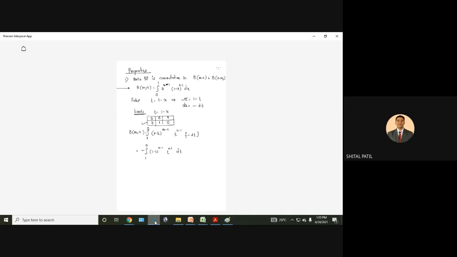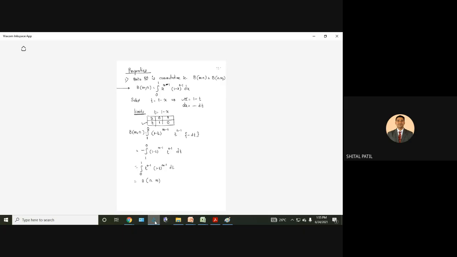Consider this minus sign to change the order of integration. That's it.